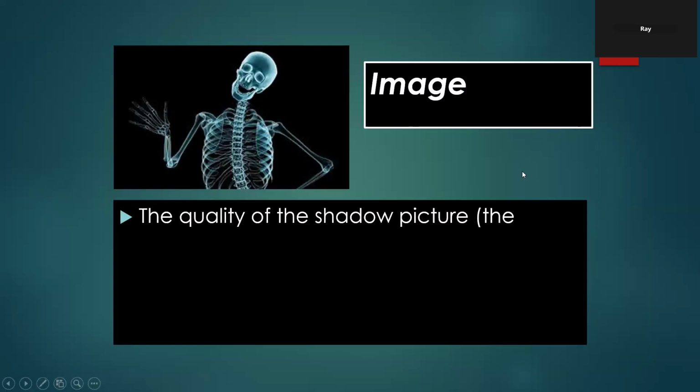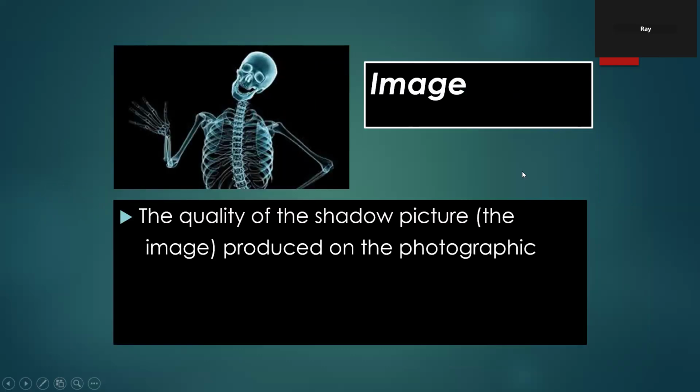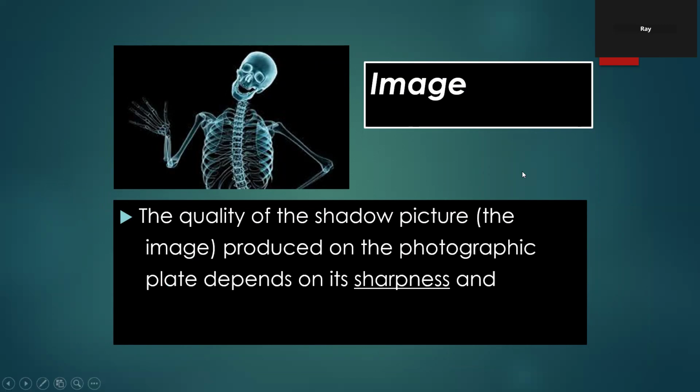Quality of a shadow picture: the image produced on the photographic plate depends on its sharpness and contrast. Sharpness is no longer in the syllabus, but we just go through it for info. Contrast is still in. I think X-ray has been greatly reduced.